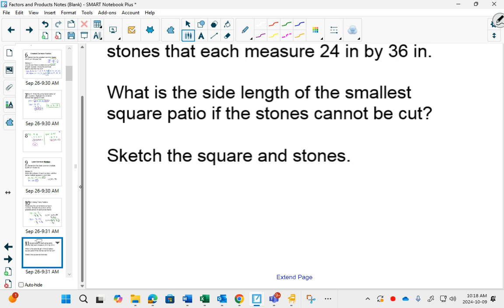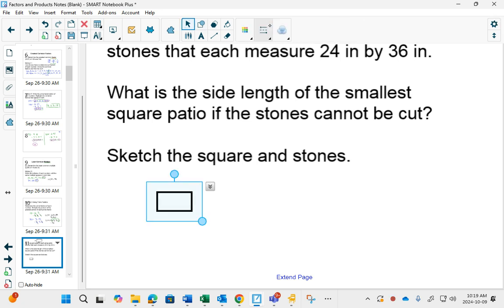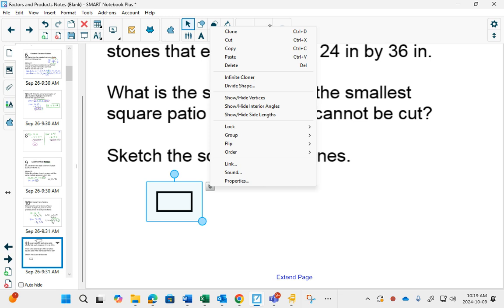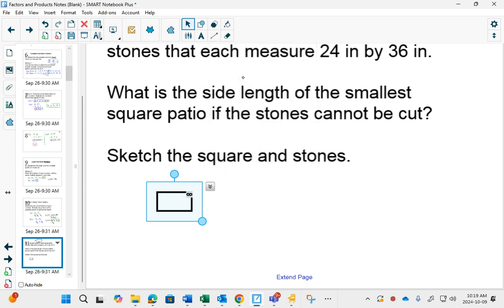What happens, I'm going to cheat and use a rectangle button. And then I'm going to clone it. So this is 24 inches, and this is 36 inches.